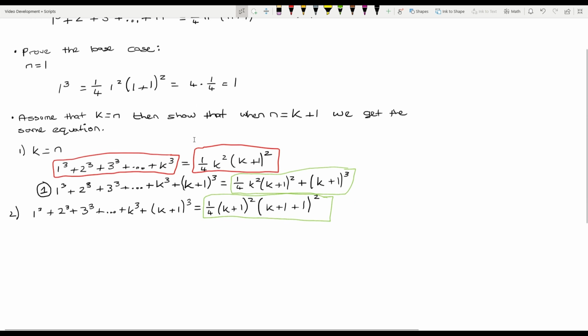Okay, and this relies on the domino effect. So what we're going to do first is expand the right hand side of equation 1.